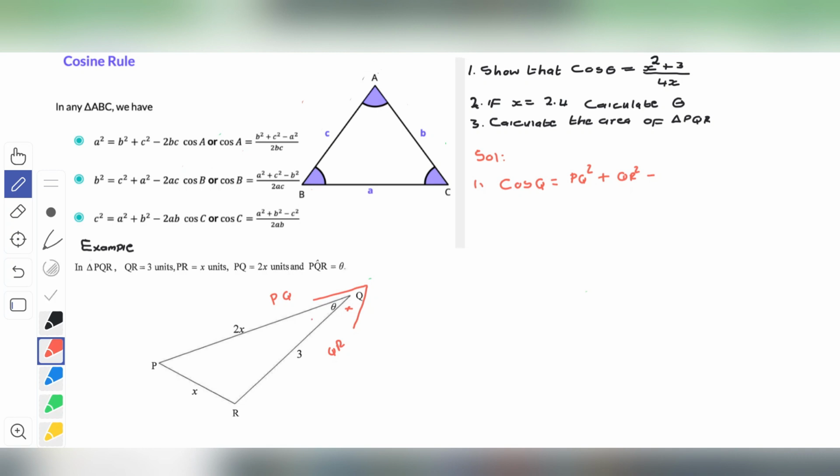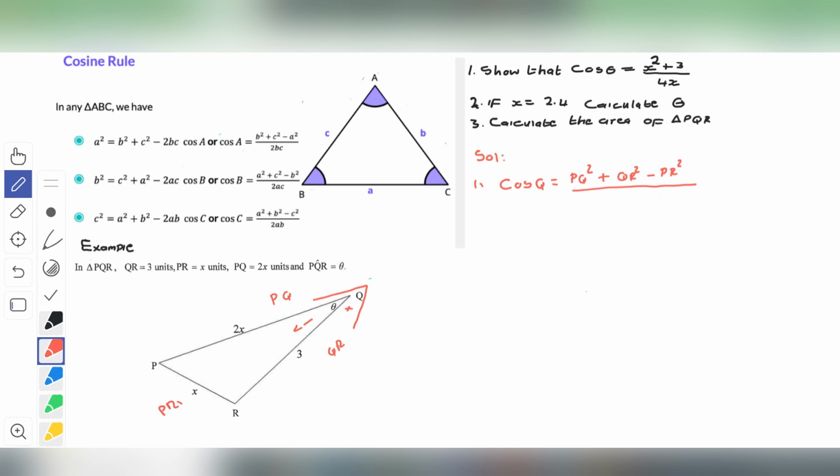We can see that the side opposite to that angle is PR, right? So therefore we're going to subtract with it. So in simpler terms, to cram this formula, after writing the angle, you check which two sides form that angle, and then you add their squares, and then you subtract by what?